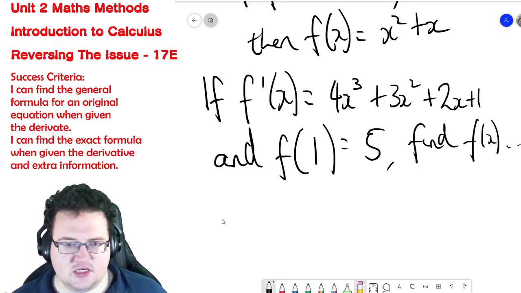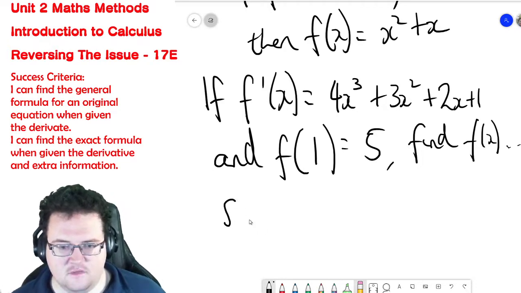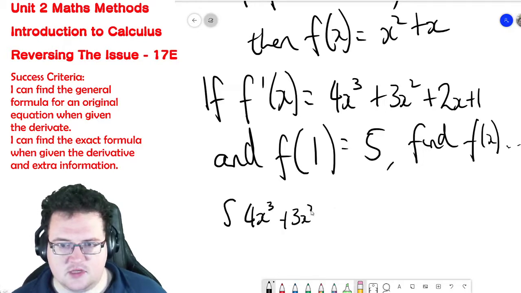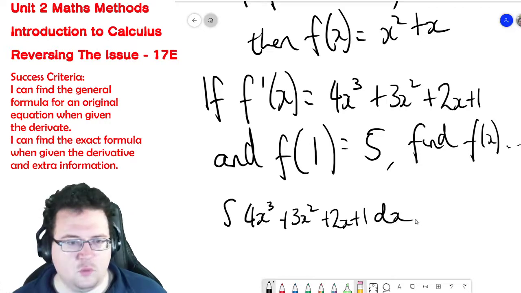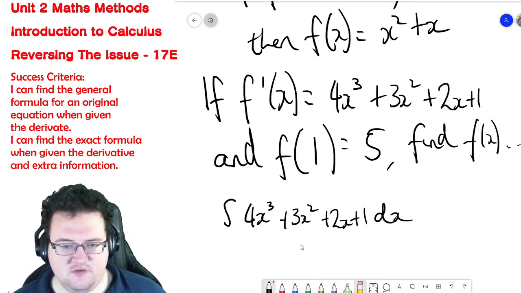So we need to take the antidifferential of 4x cubed plus 3x squared plus 2x plus 1 with regards to x. So you need to have this here and this here.